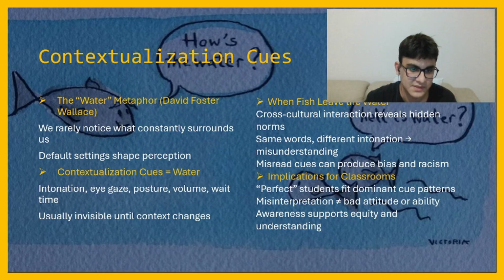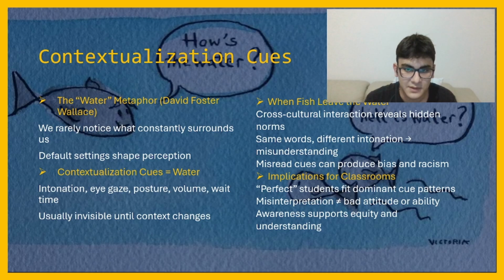In this case, contextualization cues are water, are environment. These might include intonation, or eye gaze, posture, volume, and waiting time in a classroom environment. These are usually invisible until the context changes in a conversation or a topic.